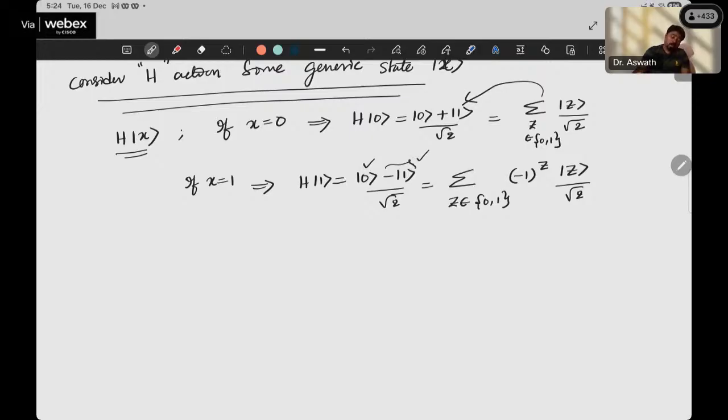Okay. Now, is there any way I can generalize for all the above cases? Yes, it is possible. What is that?